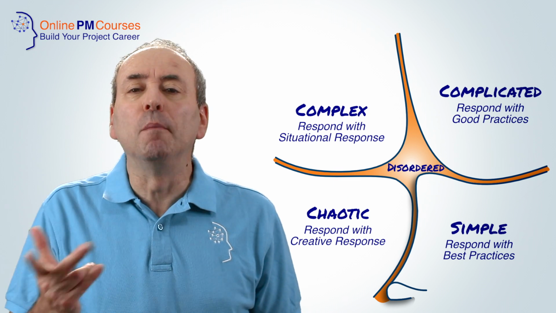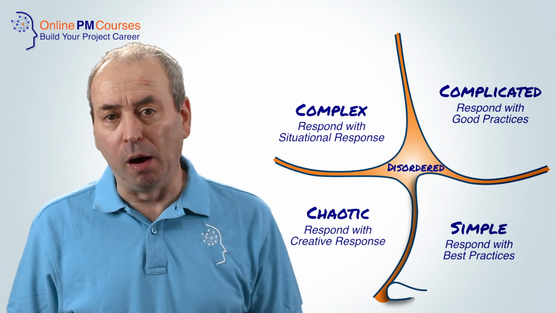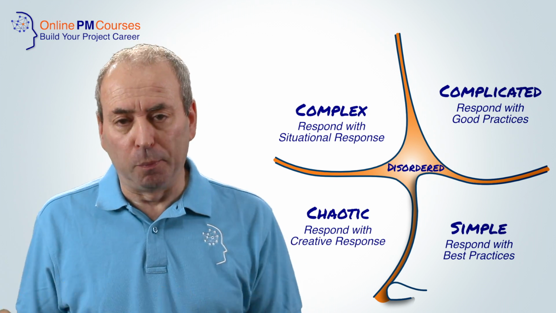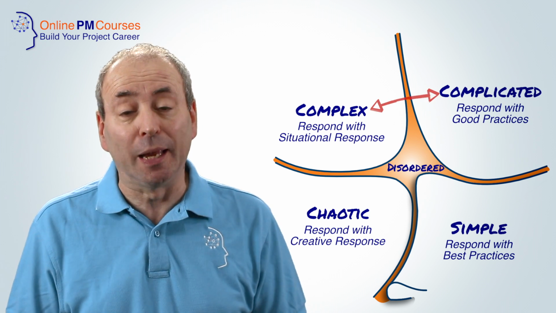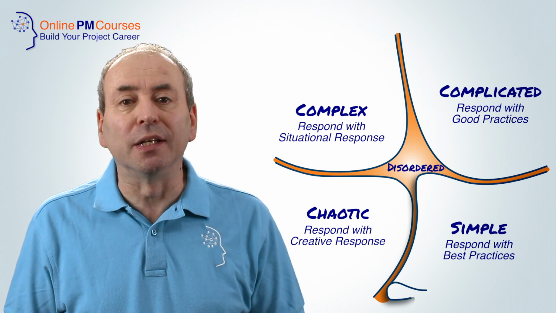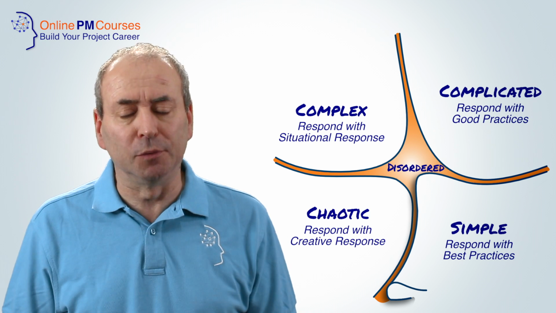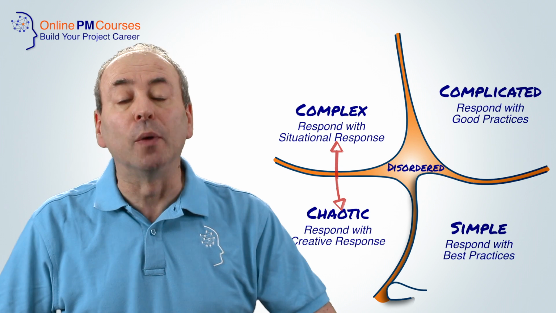A simple problem morphs into a complicated problem as you get more and more interacting parts, and a complicated problem can morph into a complex problem as those interactions get more and more subtle and sophisticated. And as we start to overlay non-linearity and randomness into the situation, a complex problem can morph into a chaotic problem.